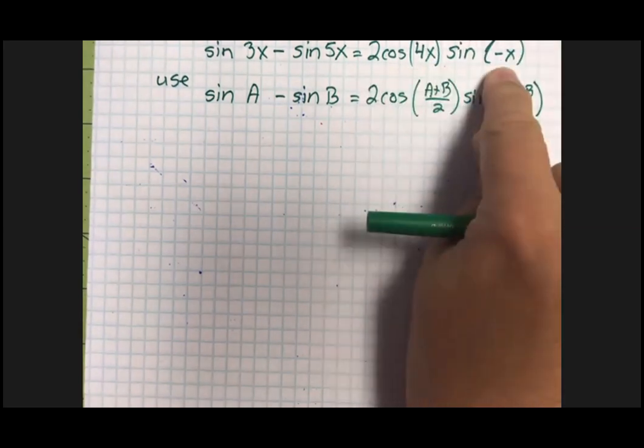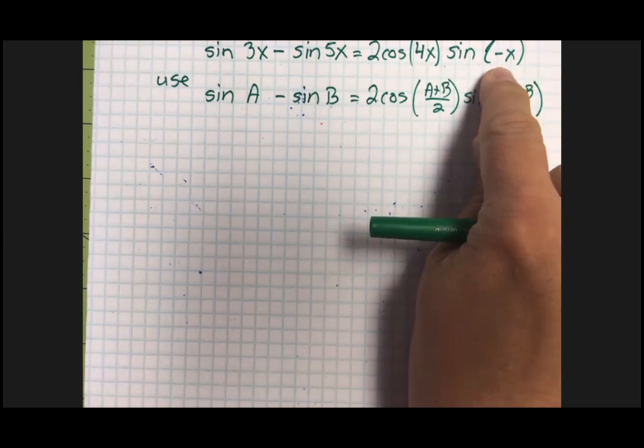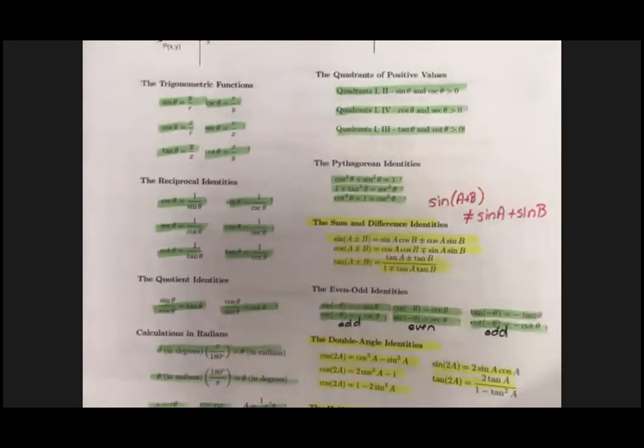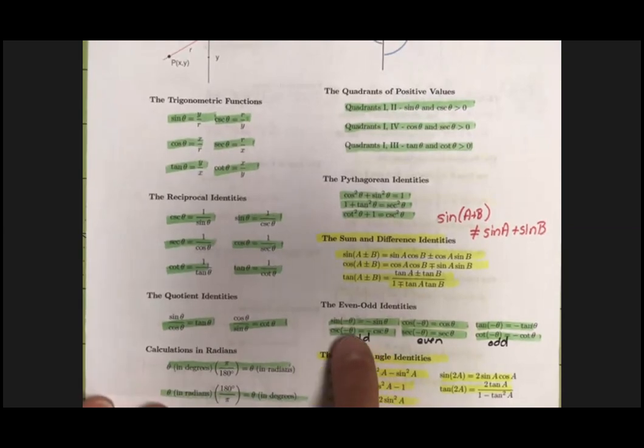Now, before you go and graph this, let's think about sine of negative x. What identity do we have for sine of negative x? Back to our sheet. I've seen it somewhere. The even odd identities. And this is why I didn't like my green highlighter, so I apologize.